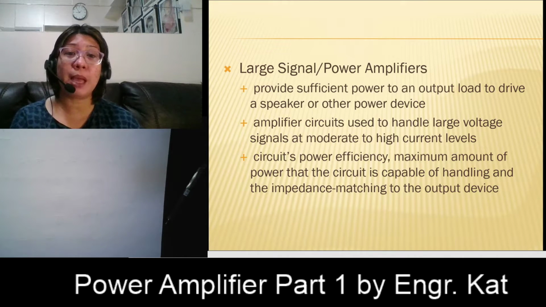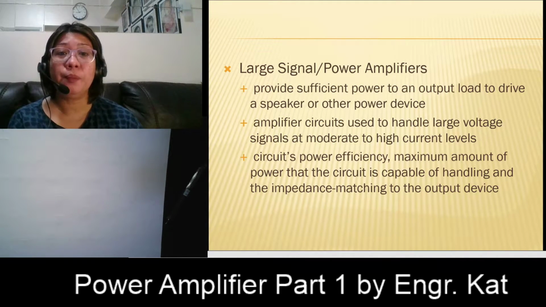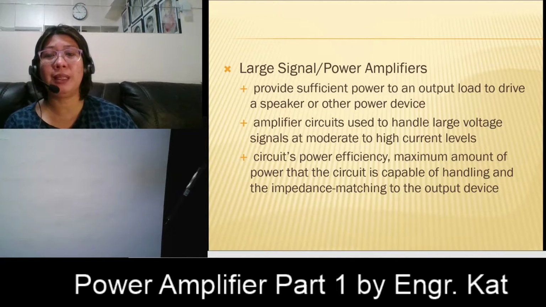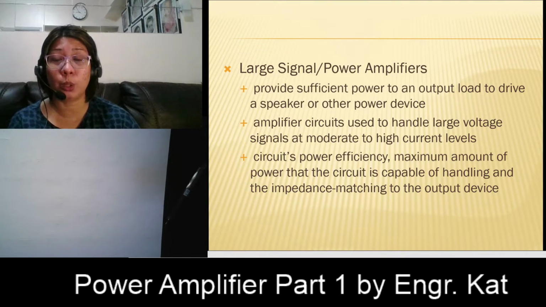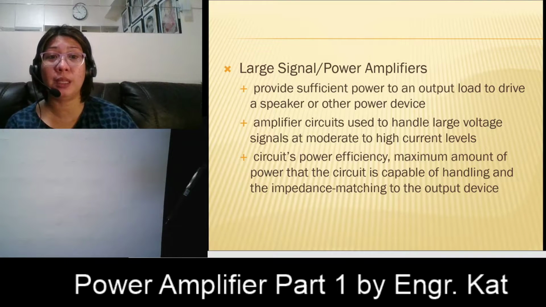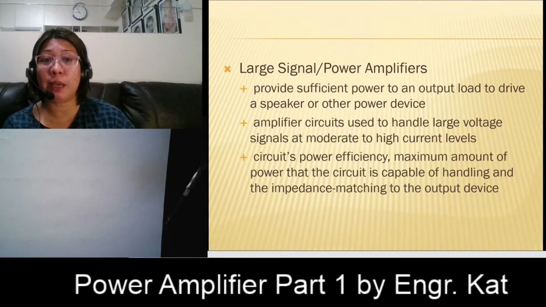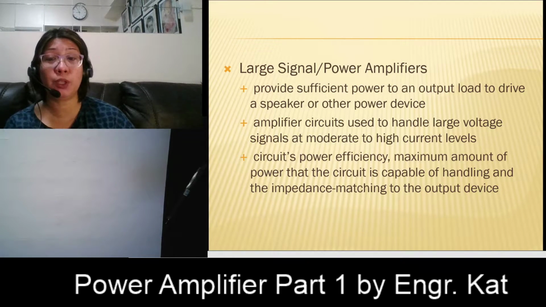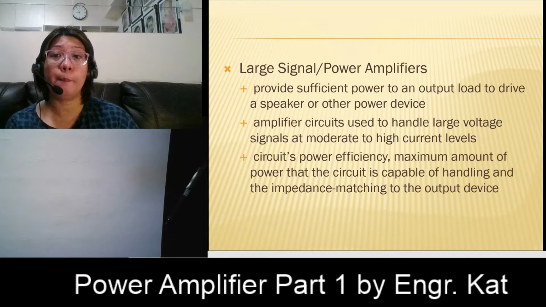Then we have the maximum amount of power that the circuit is capable of handling, which is the maximum power that your power transistor can dissipate. We will also be dealing with impedance matching to the output device, although we have already mentioned in previous videos what is meant by impedance matching.